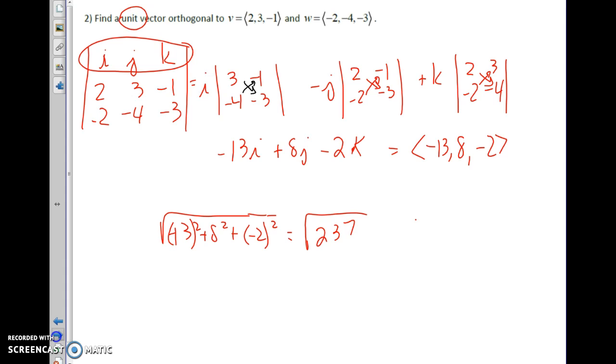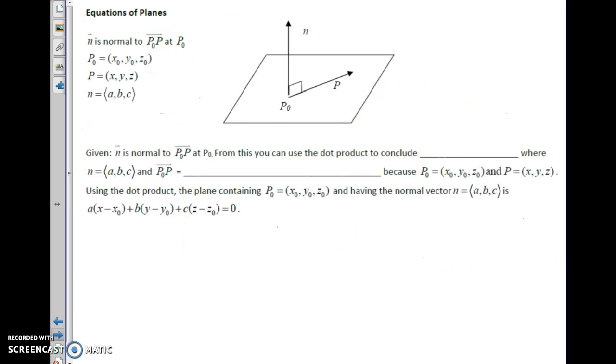So the unit vector is -13 over root 237, 8 over root 237, -2 over root 237. Okay, this was a little practice in finding the cross product of two vectors.